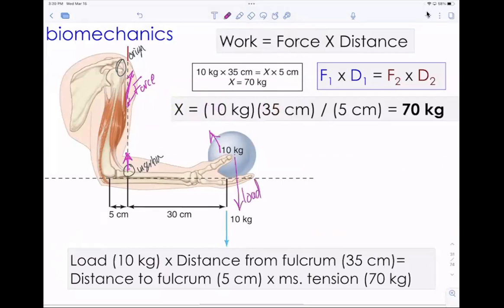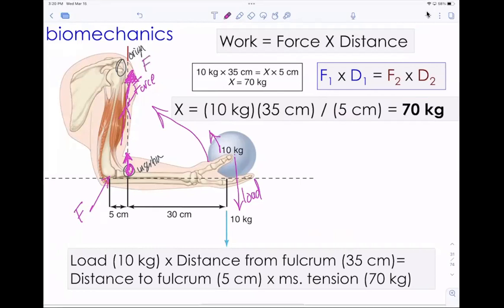So this is the load. And this muscle has to produce force. And that force being produced in the muscle is going up on this plane, and it's pulling from the insertion, which is here on the radius. Now, the fulcrum is the elbow, because it's a hinge joint, because it does flexion and extension. And you want to move this 10 kilogram load up into flexion.